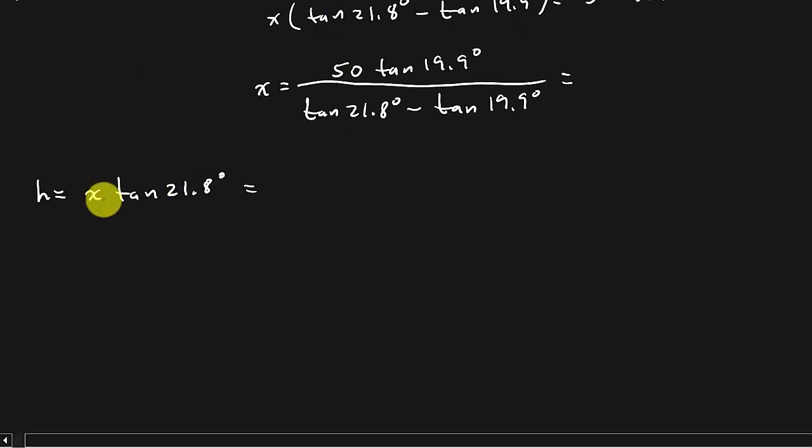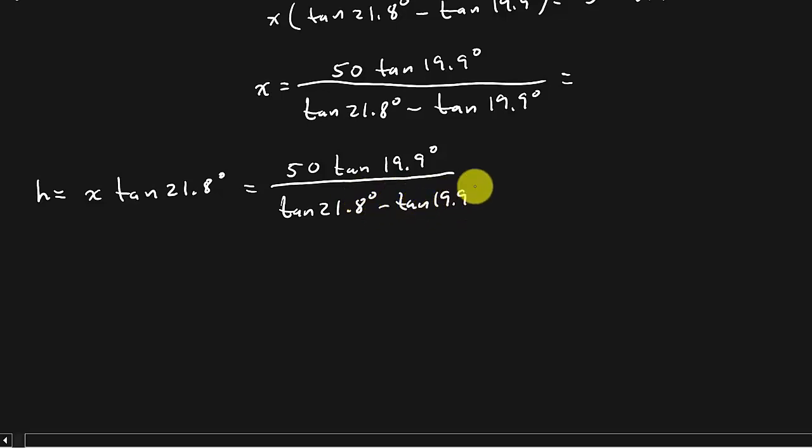So that's going to be X, which is this: 50 times tangent 19.9 degrees over tangent 21.8 degrees minus tangent 19.9 degrees, and then times tangent 21.8 degrees.